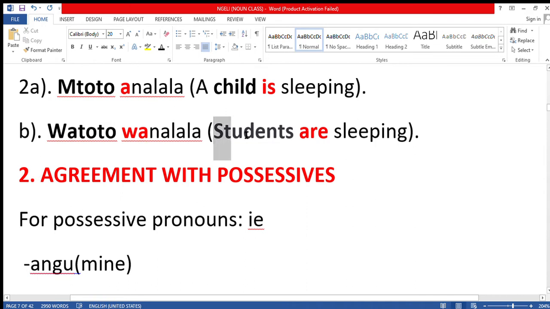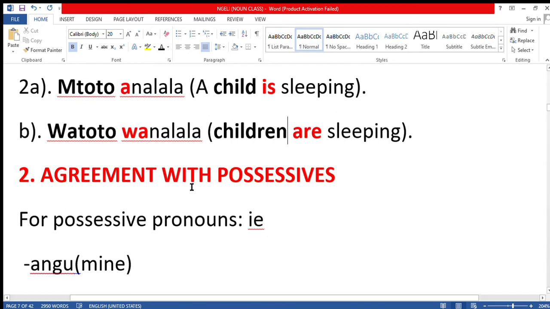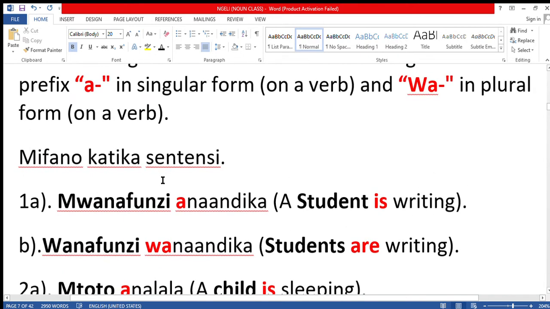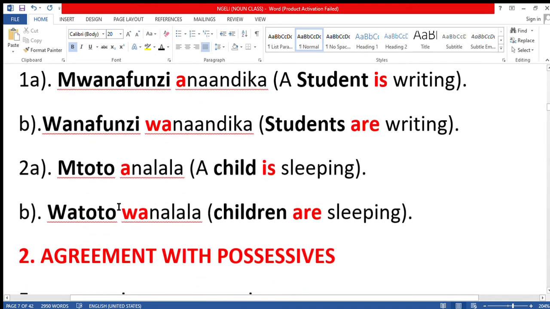Watoto, students. Not students here. What did I write? Watoto wanalala. It means children are sleeping. We have finished the sentence with the agreement with the verb.